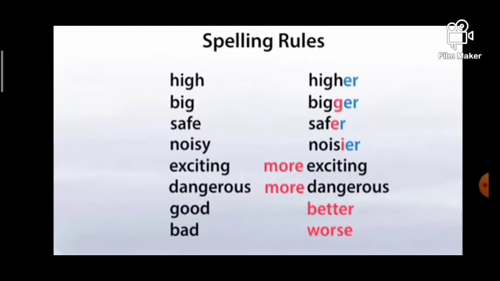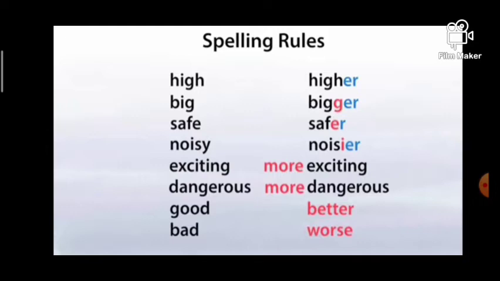Then the fourth rule, noisy, N-O-I-S-Y. Instead of Y, we have to add I and then ER. Then see exciting. So, more exciting. You have to write the word more before exciting. Some adjectives will be like that, so we have to add more before them. Directly we can't add ER at the back of the word.